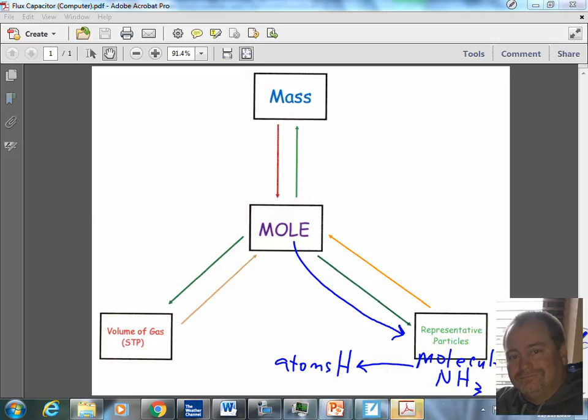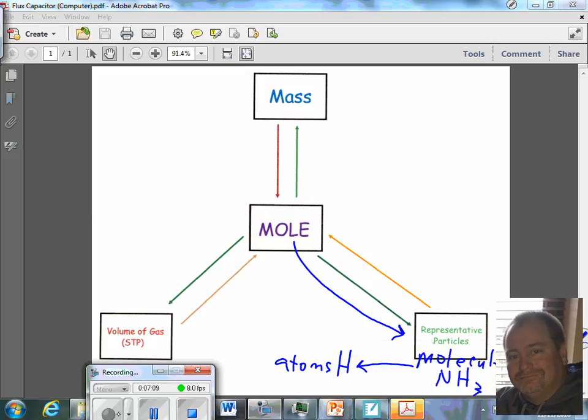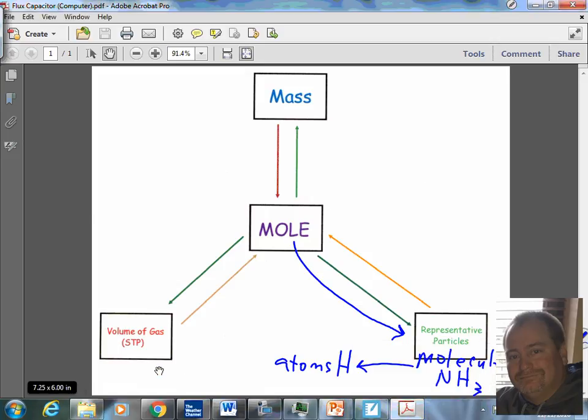So I'm going to stop my recording. So as I look at this, and I put my little hand up here on mole, and I come down to representative particle, that's one step. As I come over here to atoms of hydrogen, that's two steps. So I have to have two calculations in order to do this problem.